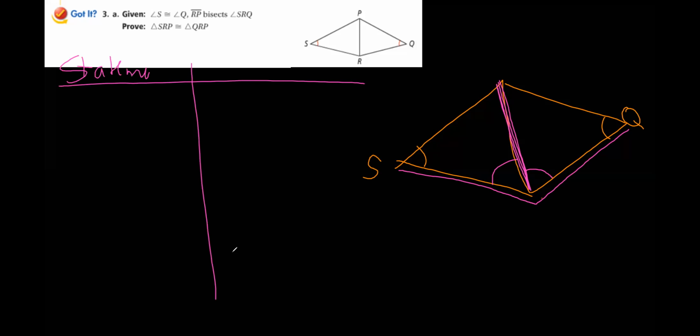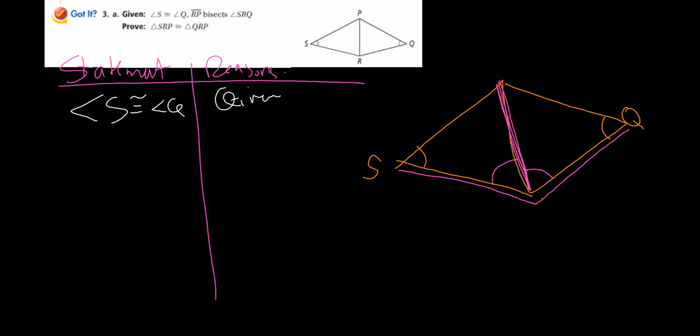So what does it mean? That means this half is equal to the other half. So I will write it now: angle S is congruent with angle Q, since they are given.